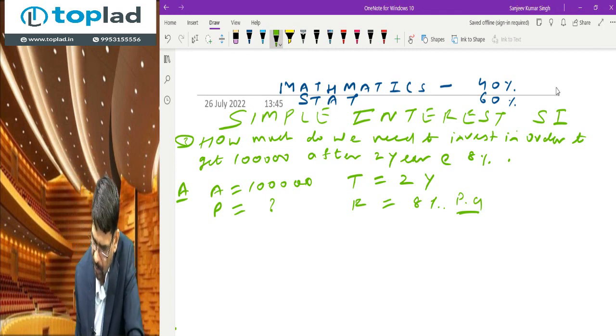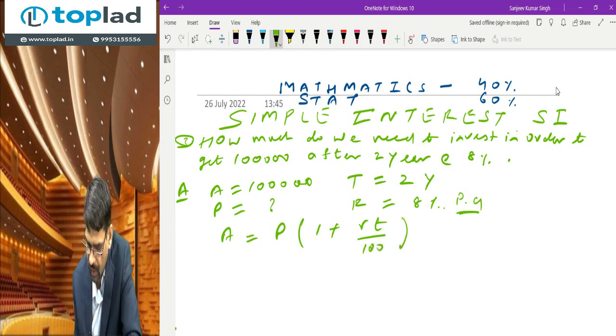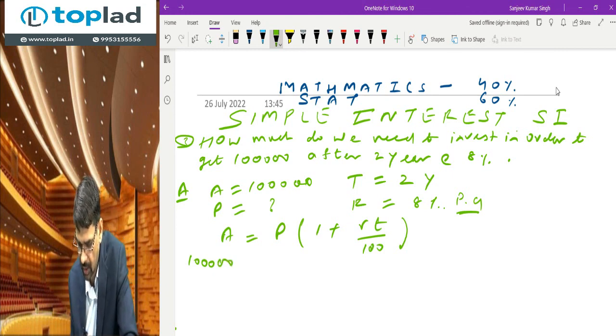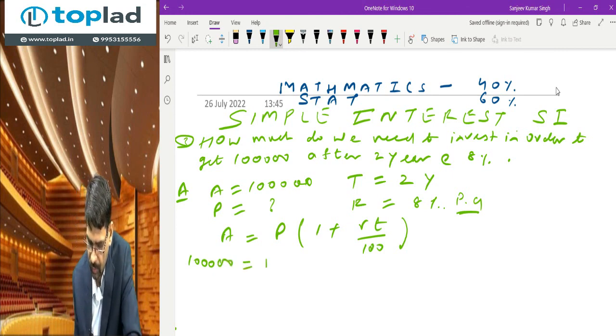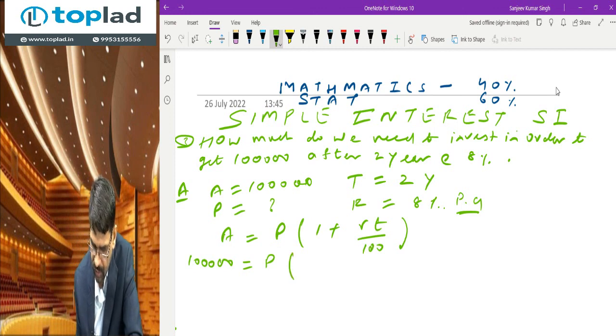So remember the formula. A is equal to P (1 plus RT upon 100), bracket close. A is 1 lakh, P is unknown, 1 plus, rate is 8%, time is 2, bracket close.